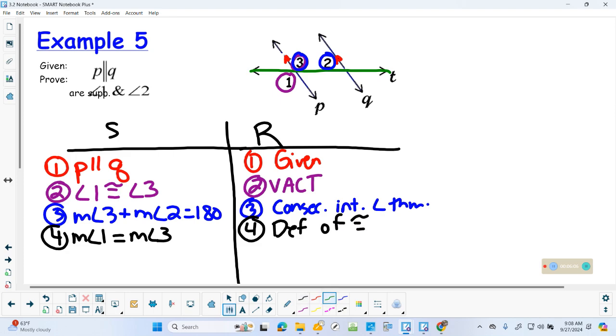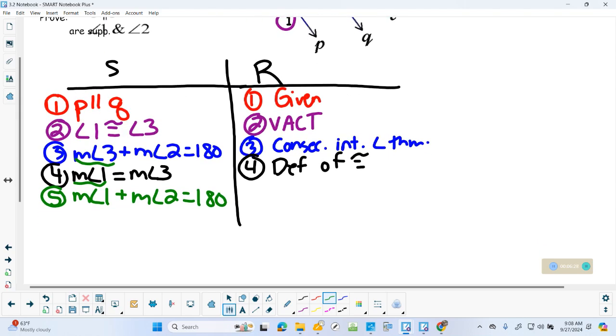All right, remember, we want to show 1 and 2 are supplementary. So I think we can do it kind of like the last one. If I can swap this out with 1, which I can do because they're equal, we're going to have it. So I'm going to replace this blue angle 3 with angle 1. Let me scroll this up a smidge. And again, what is that when you replace something? Substitution. Seems like a broken record, doesn't it?